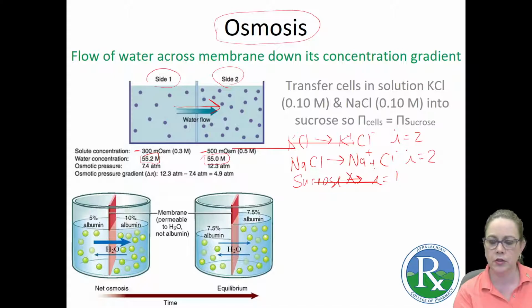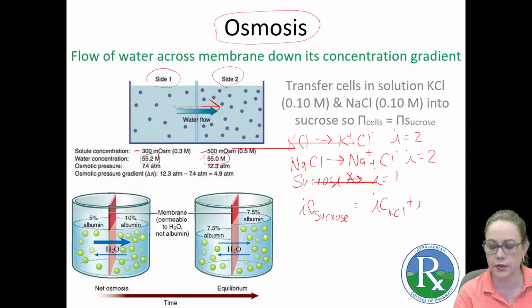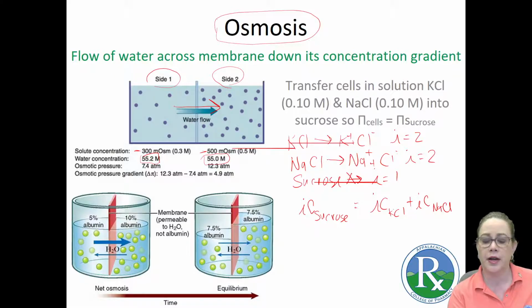So what we're going to do if we want to have essentially the combination of potassium chloride and sodium chloride equal to our sucrose, so we want the IC for sucrose to equal the IC of KCl plus the IC of NaCl. We said our I for sucrose is 1, so we don't even have to worry about that.